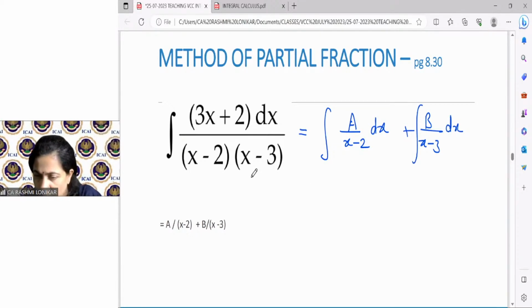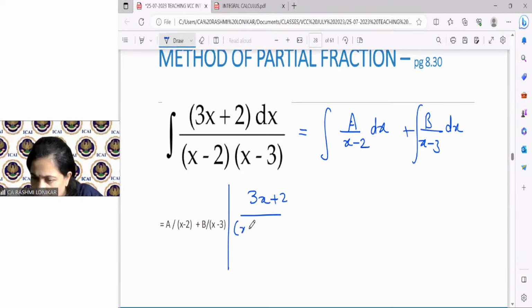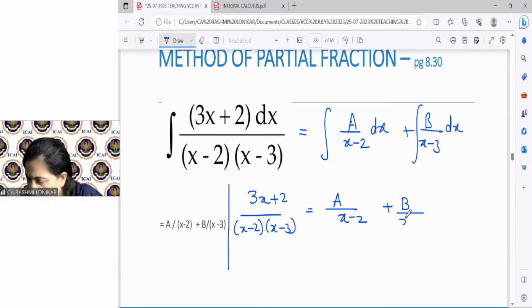So what do I do here? 3x plus 2 upon x minus 2 into x minus 3 is written as a upon x minus 2 plus b upon x minus 3.